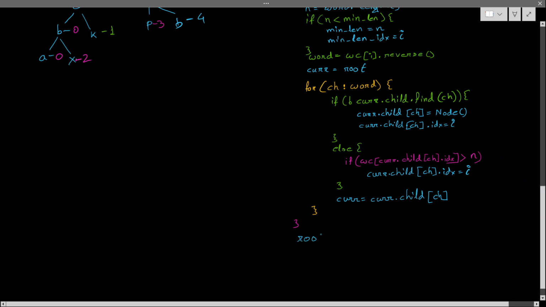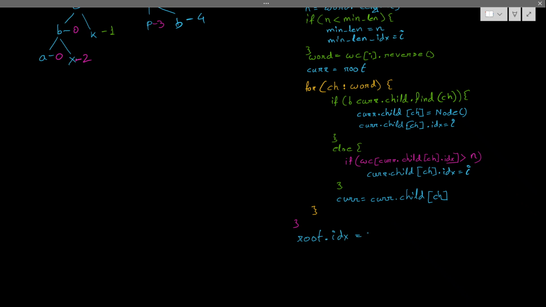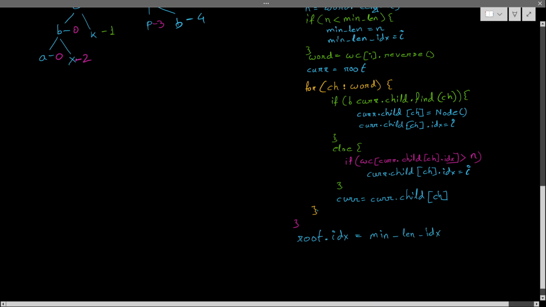Because root is just a type of node, the root's index will be that min length index. The root of this will contain this.